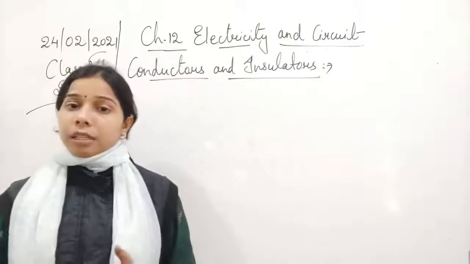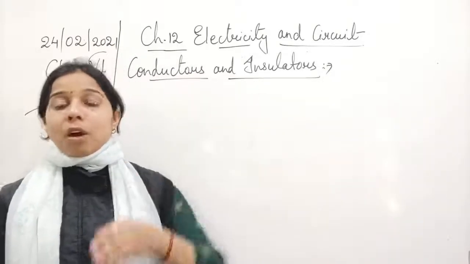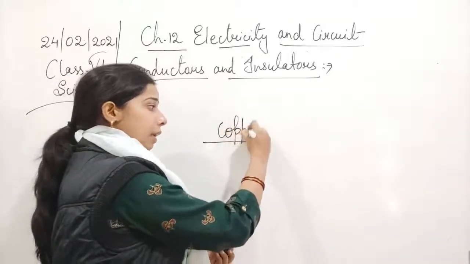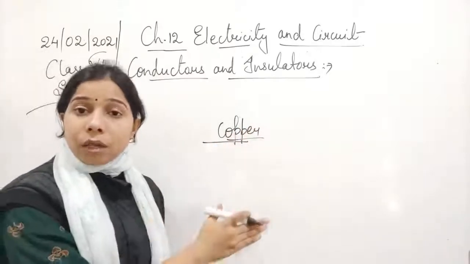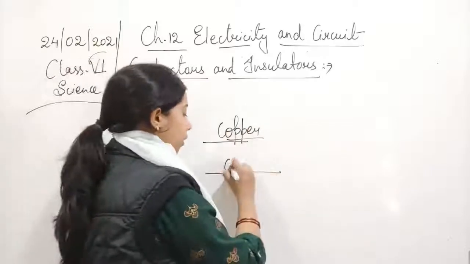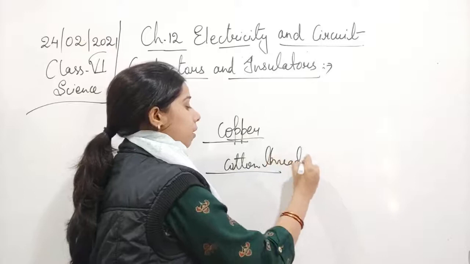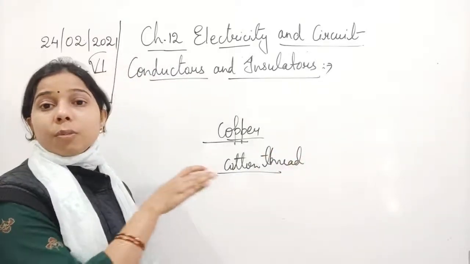So you have seen here that a copper wire, or a wire made up of copper, allows the electric current to pass through it. It is giving a path for the electric current. But a cotton thread does not allow the electric current to pass through it.